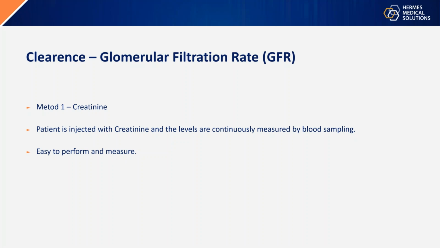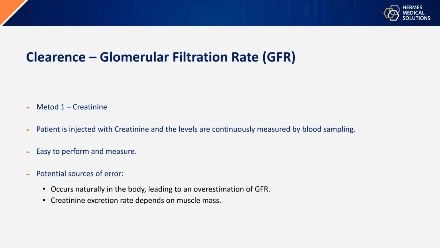However, the reason why it's not the most common method is that, first of all, creatinine occurs naturally in the body, which means that we will overestimate the GFR. And the excretion rate also heavily depends on, for instance, muscle mass, making it very variable between persons and hard to say if it's high or low.